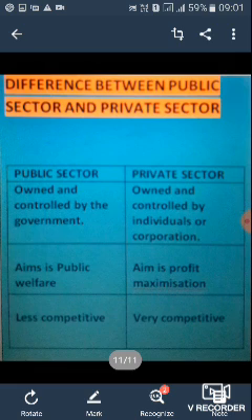So this is it, children, the difference between the public sector and the private sector. Okay, so I hope the topic is clear to you. We will be doing this again in the chapters in greater detail, but this is just a revision.